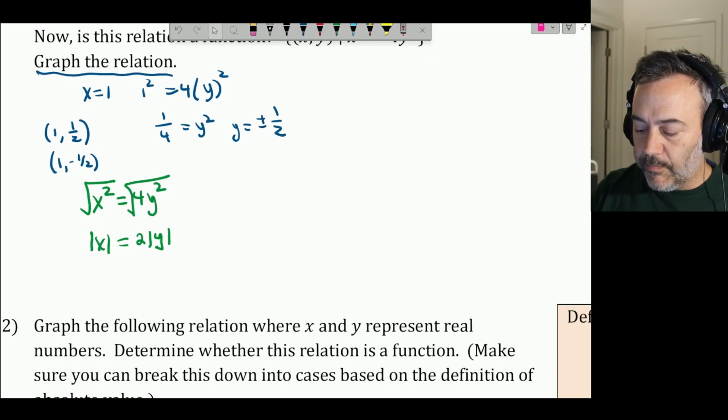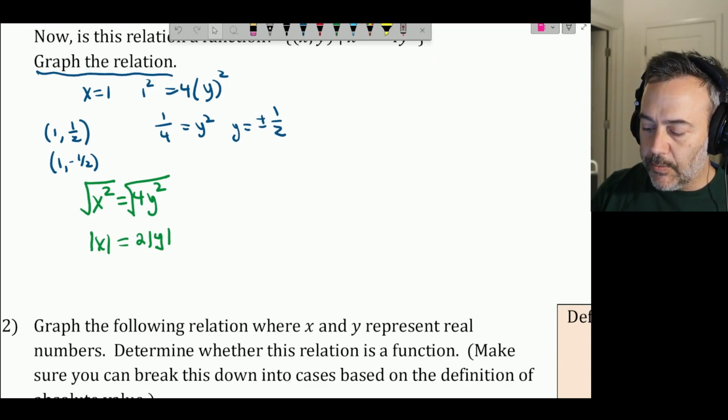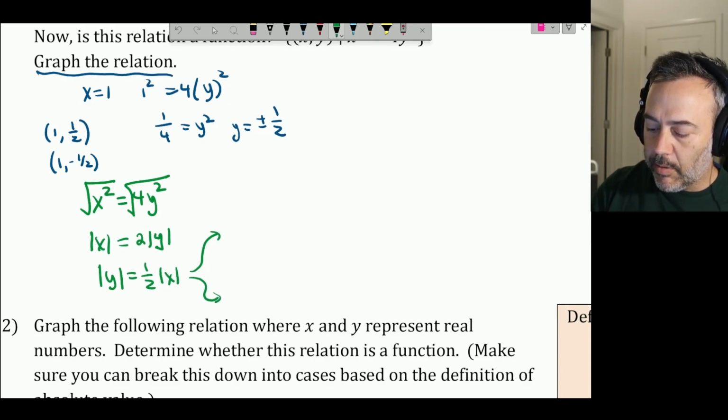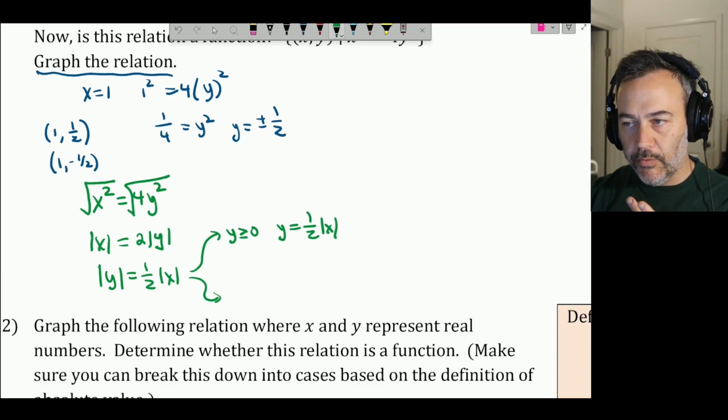Now, you can break this into multiple cases. You could rewrite this as the absolute value of y equals 1/2 the absolute value of x. And remember, this breaks into two cases. If y is positive, so let's assume y is positive or 0, then we have y equals 1/2 the absolute value of x because the absolute value is doing nothing.